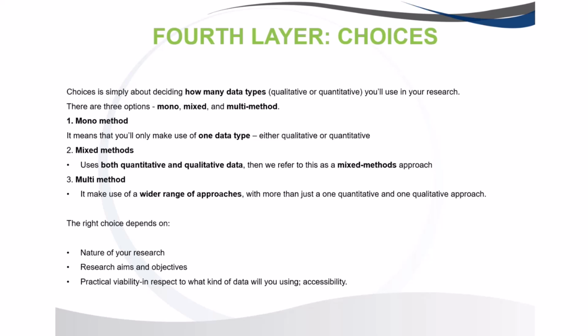A mixed method is where you use more than one. Multi-methods, most of the time we don't use them, but they make use of a wider range of approaches, with more than just one quantitative and one qualitative. I think multi-methods, if I can argue, are what we call mixed method research.